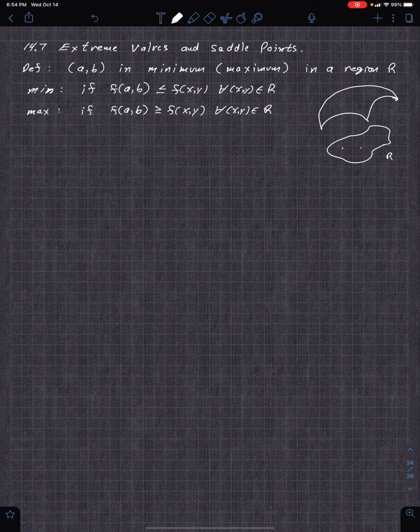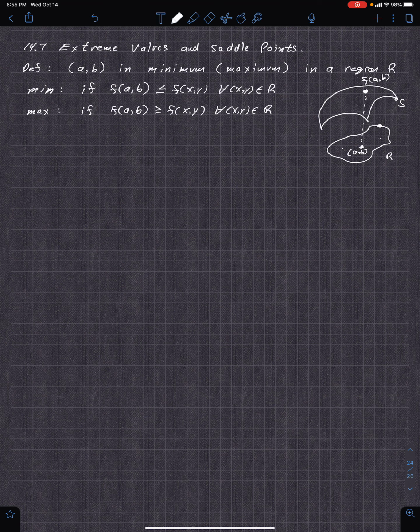And then you have all these points that go up to our surface S. And so if this point down here, (a, b), is maybe greater than everything else, then it's a maximum. So we're going to go up to that surface and call it a maximum. And this is one of those things where it could be on the boundary or it could be inside, and we'll define later whether it's open or closed.